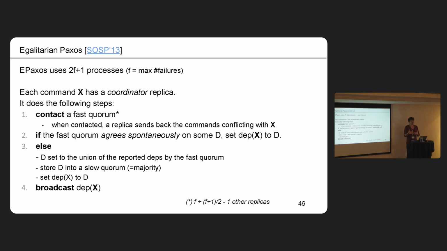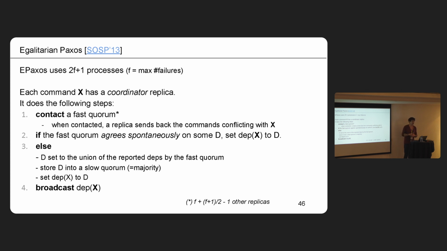At a very high level, the code of Egalitarian Paxos works as follows. For each of the commands, you have a coordinator replica. In general, going back to the geo-distributed case, this is the replica that is closest to the application server. You ask this replica, okay, can you please coordinate this command for me? And the replica does the following steps.